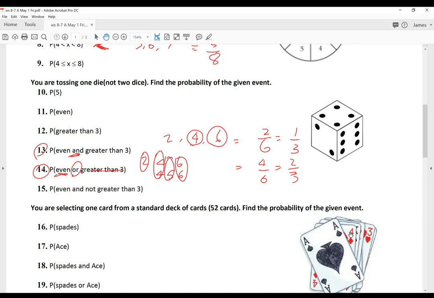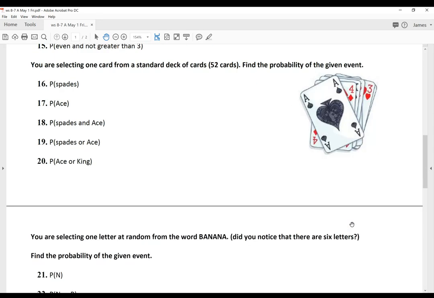All right, so number 20. Oh yeah, this part is talking about the cards. In a deck of cards, there are 52 cards. You probably don't know it. There are 4 different suits, or shapes. There's a spade, which is what you see in the picture there, and then there's a diamond and hearts. And it's not showing the clubs.